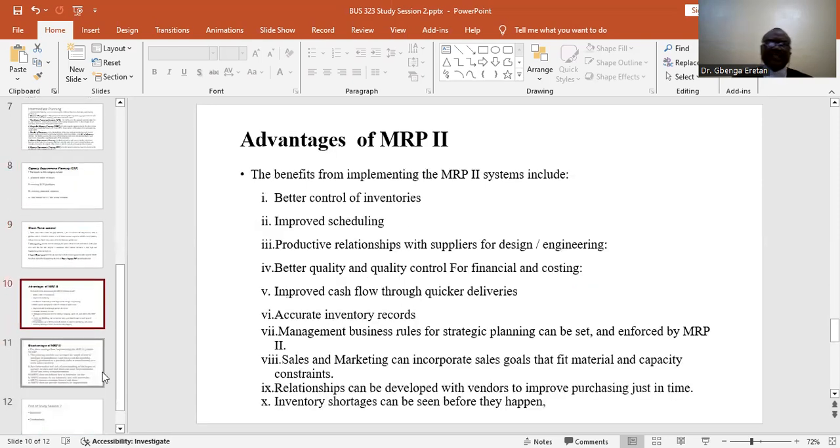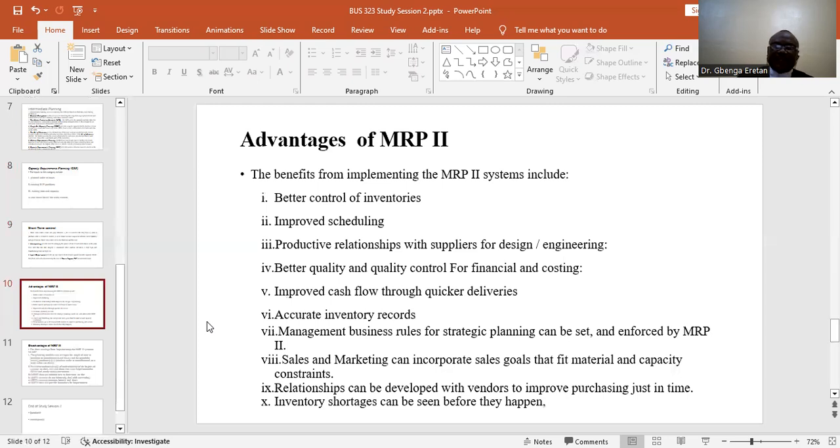We move on to the next stage, which is the advantages of material requirement planning, which can also be described as MRP 2. What are the advantages? The benefits are as follows: better control of inventory, improved scheduling, productive relationship between the supplier for design and engineering, better quality and quality control for financial and costing, improved cash flow through quicker delivery, accurate inventory records, management business rules for strategic planning.